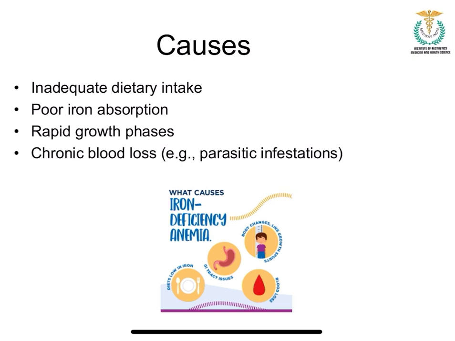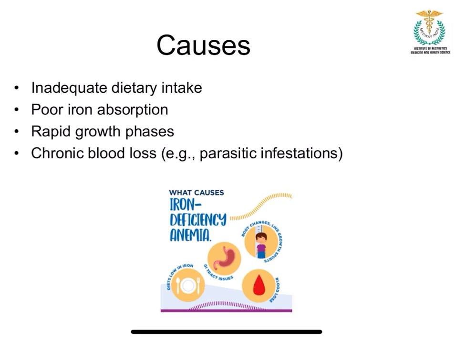Which part of the intestine does iron get absorbed in? In the duodenum. So when there is a problem with iron absorption, then there may be iron deficiency anemia. Rapid growth phases. There are phases in childhood, or rather even infancy, where the iron stores dip.